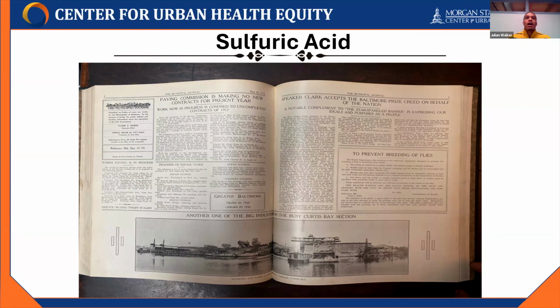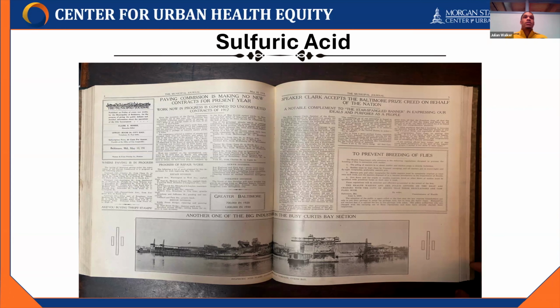These are factories, of course, that were producing sulfuric acid. So they were emitting toxic pollutants, combustion products, particulate matter, all of which are carcinogens, right? Things that cause cancer. Sorry to get all sciencey, but that's important, right?